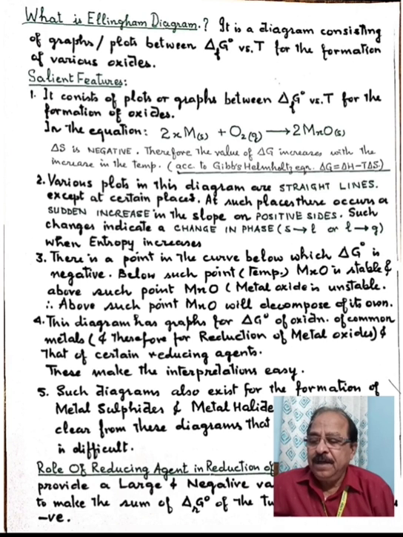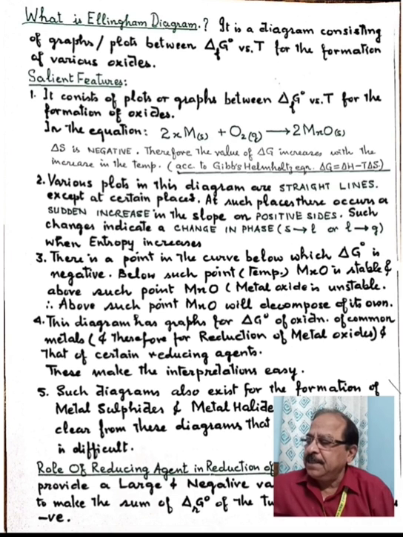These graphs are between delta G naught F, that is standard free energy change of formation, versus temperature for the formation of various oxides. So what is the Ellingham diagram? Ellingham diagram consists of various plots or various graphs between delta G naught F and T for the formation of various oxides.